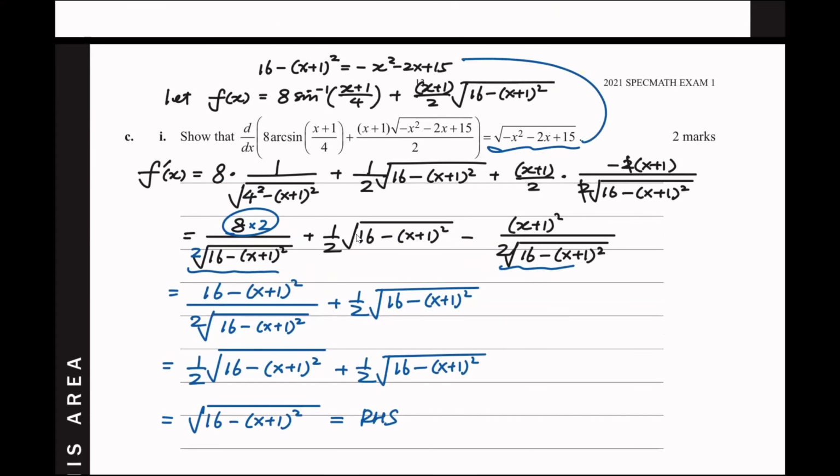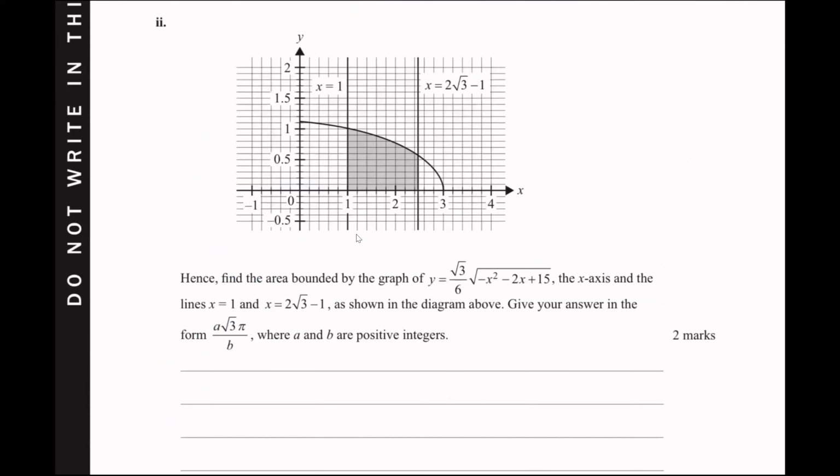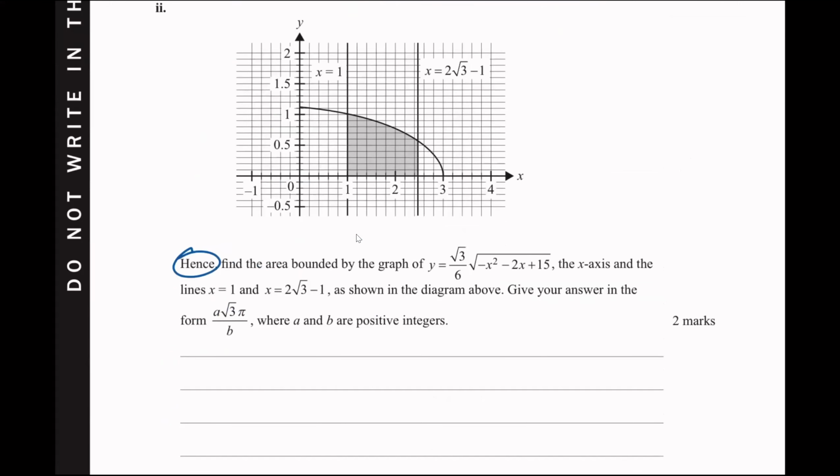This bit is the same as root 16 minus (x plus 1) squared, okay? So this is actually a linear transformation, very obvious. Hence it means you have to use the previous part, find the area bounded by the graph of that times the square root.